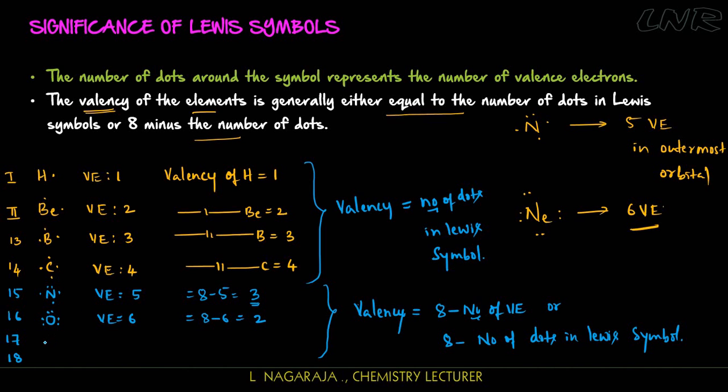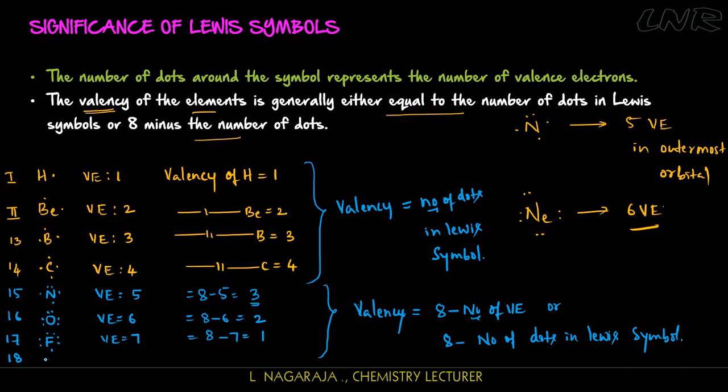And for 17th group elements, for example let us take fluorine. So this fluorine has 7 valence electrons. So valency is equal to 8 minus 7, that is equal to 1.